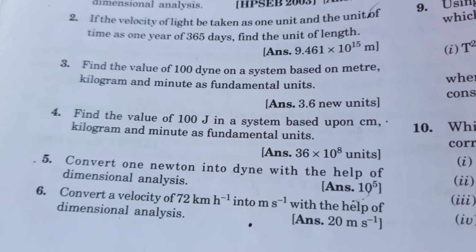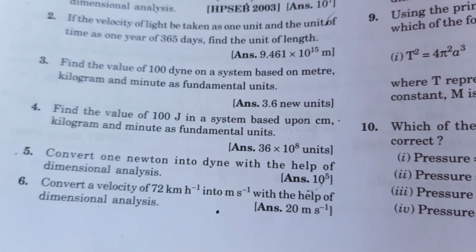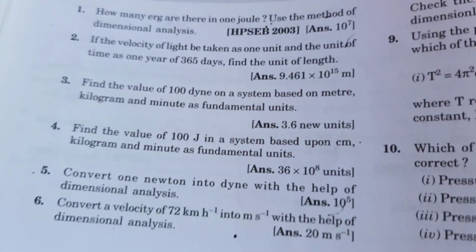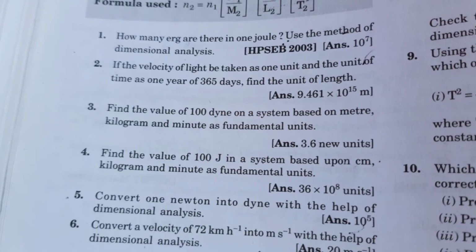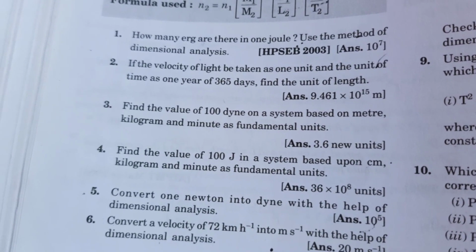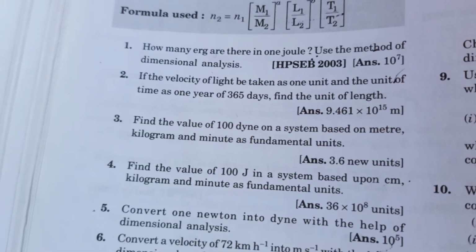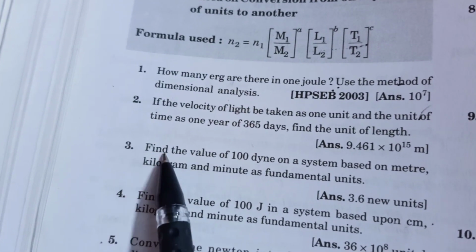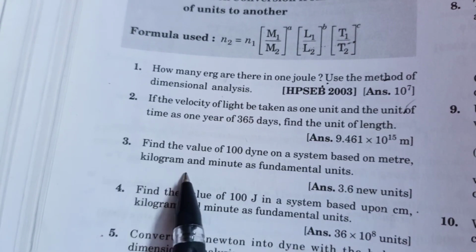Okay students, I think you can understand with the help of dimensional analysis how we can change a particular unit system to another system. Take another example. If it is not clear, find the value of 100 dyne in a system based on meter, kilogram, minute.